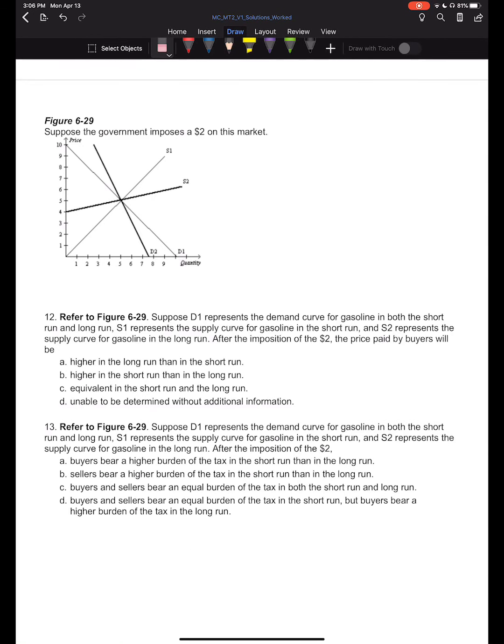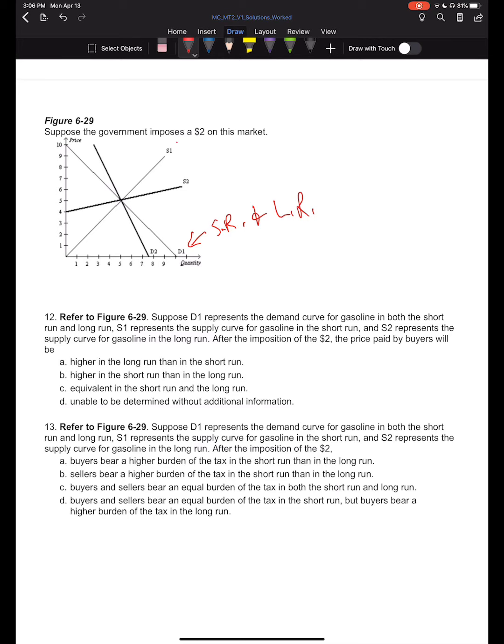Question 12. Suppose D1 represents the demand curve for gasoline in the short run and the long run. So we know that this D1 is going to be both our short run and long run demand curve. S1 represents the supply curve for gasoline in the short run, and S2 represents the supply curve for gasoline in the long run.